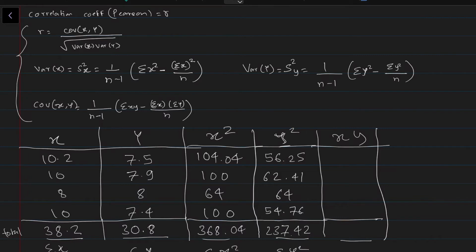Now let's do the product of x and y. So just multiply the x variable with the y variable for each of those rows. So first in this case is going to be 10.2 times 7.5, and that's going to be the answer for this first cell.